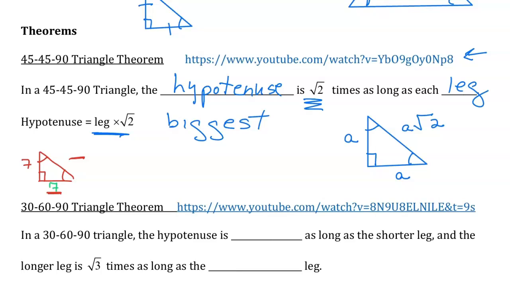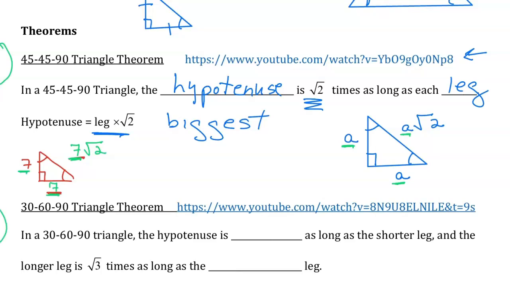And the hypotenuse is going to be 7 radical 2. So do you see how that's working? Here's your A, here's your A, here's your A again. So if my A was my 7, here's my A again, and then here's my A, which was 7 radical 2. Those are my lengths. Okay? Okay, so this is the first special triangle.